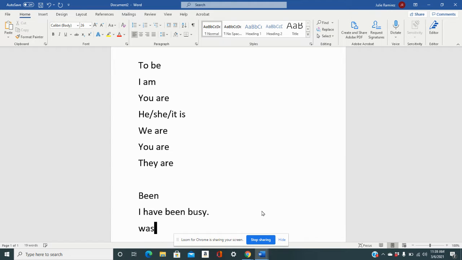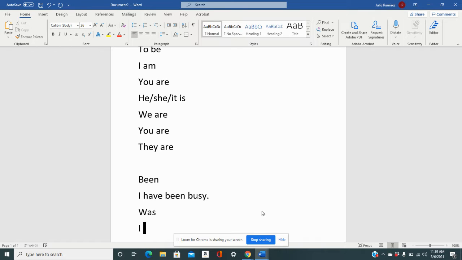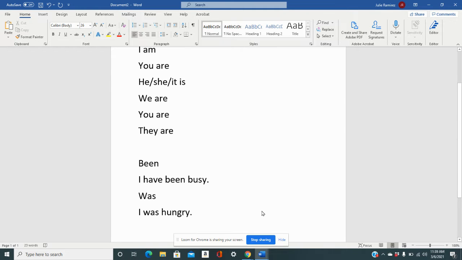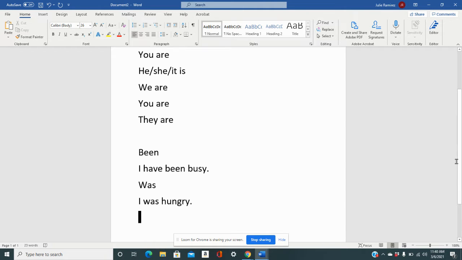We also have the verb was. That's part of the verb to be. I was hungry. Okay, so am, is, are, was, were, being. Those are all parts of the verb to be, and they are all linking verbs.